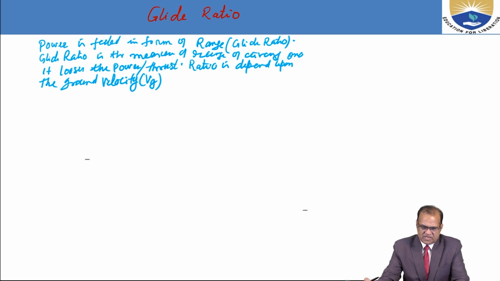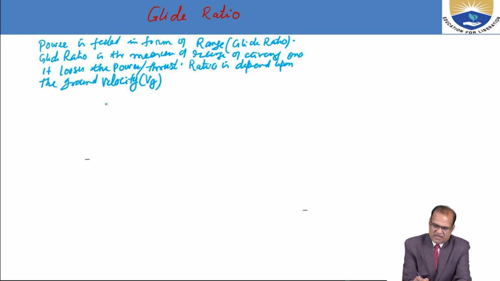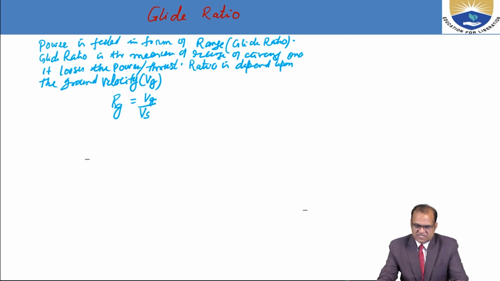So we can define the glide ratio as Rg is equal to Vg by Vs. Vg is the ground velocity and Vs is the sink rate.